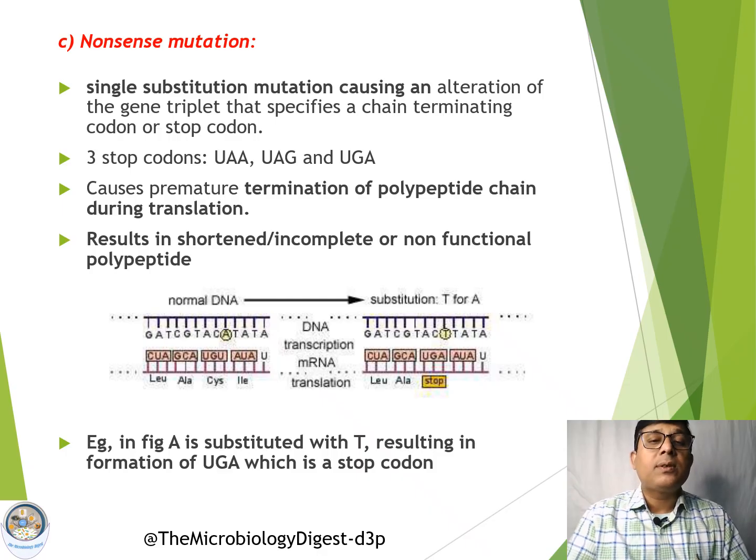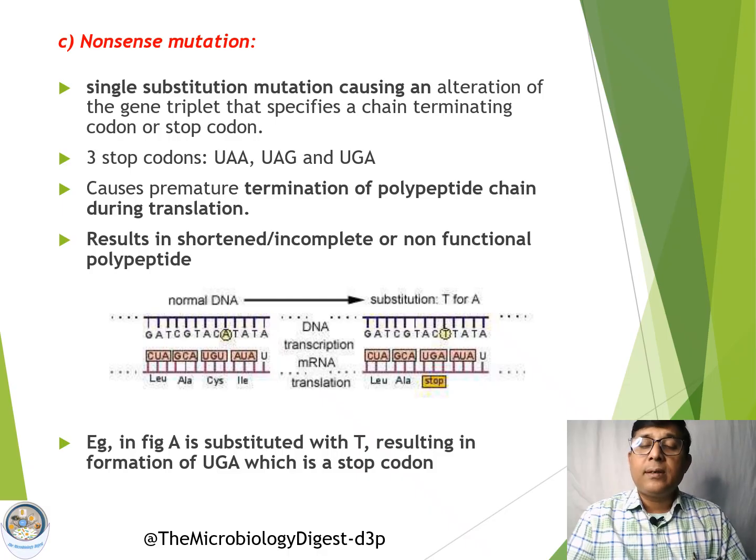There are three stop codons: UAA, UAG, and UGA. Whenever these stop codons come, there is immediate termination of polypeptide synthesis. So when a single nucleotide changes due to mutation, it leads to generation of a stop codon.